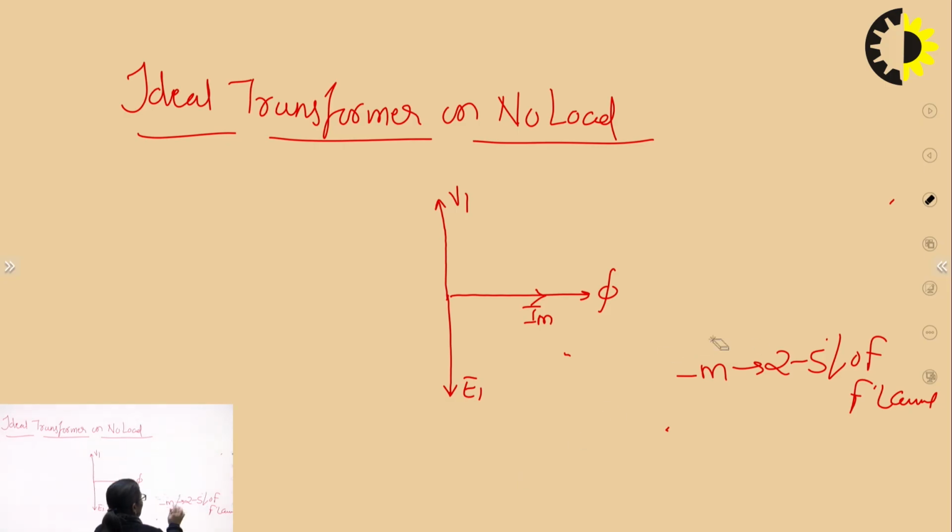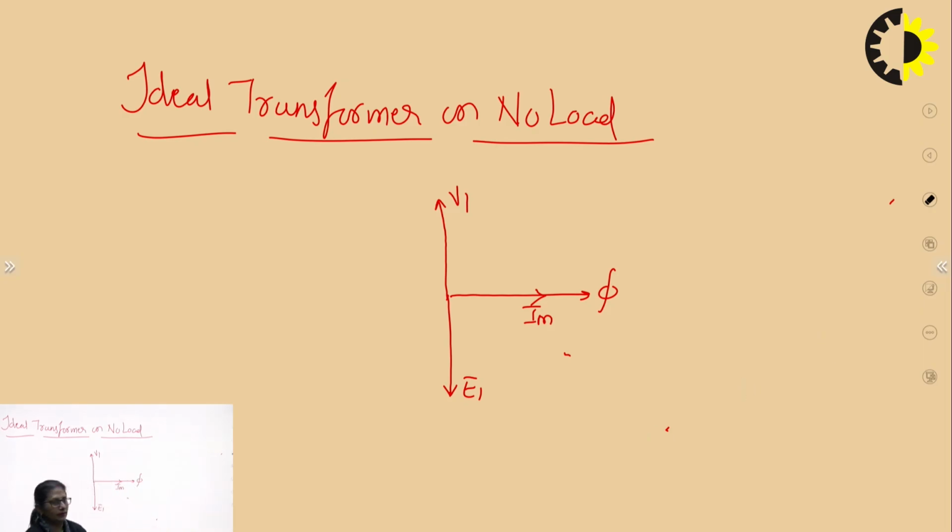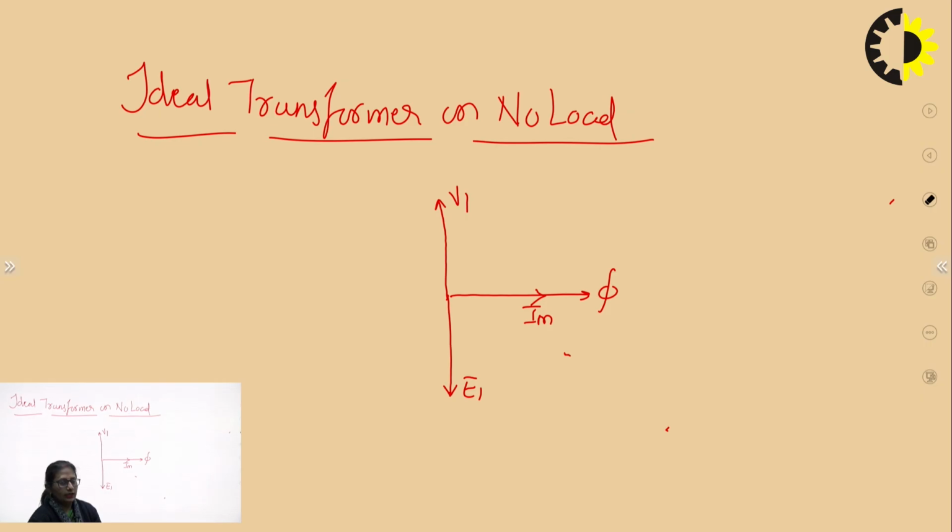Now the secondary parameters. In the secondary, it is not loaded. There is no load in the secondary, so there will not be any I2, there will not be any secondary current flowing, but we will have an induced EMF and the secondary terminal voltage. The secondary induced EMF, once again an induced EMF, will be lagging the flux by 90 degrees.